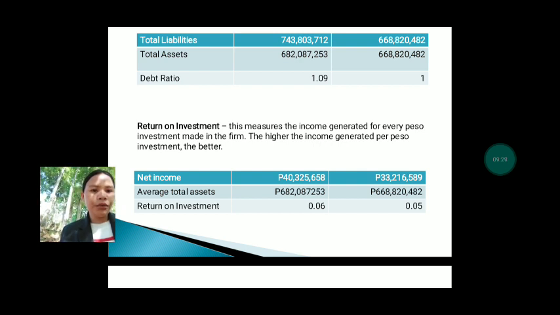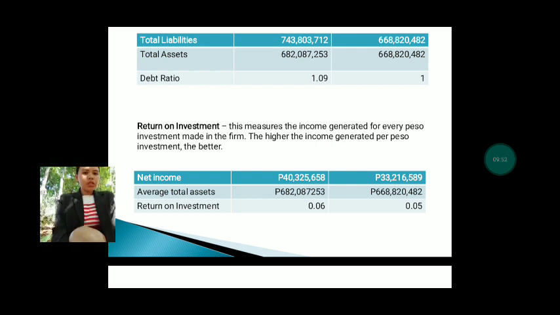So net income over average total assets: the net income is 40,325,658 divided by 682,087,253, which equals 0.06.